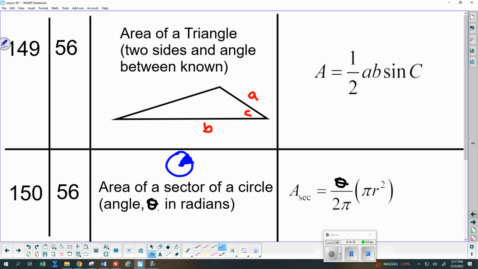But if they give us the angle in radians, we don't want radians out of 360. Radians would have to be out of a whole circle of radians. Degrees is out of a whole circle of degrees. We have to keep the units the same. So if they give the angle in radians, we could just say the angle over 2 pi times pi r squared, and then your pi's will immediately cancel, and then you can continue to go from there.